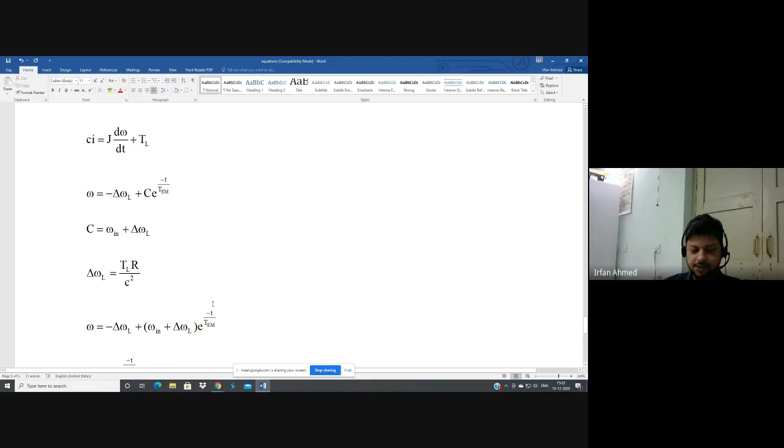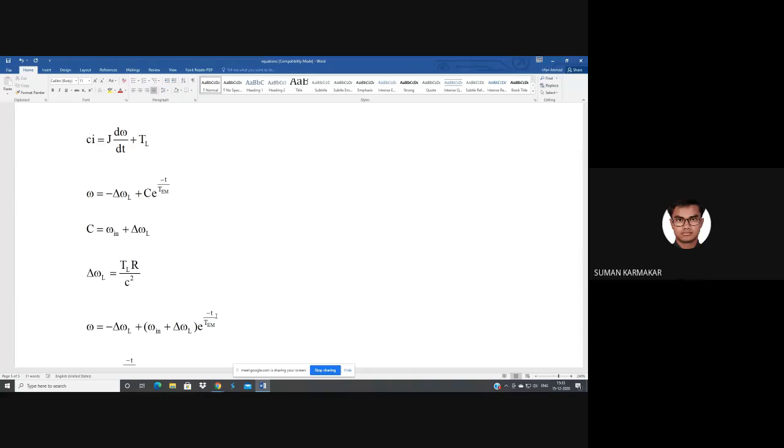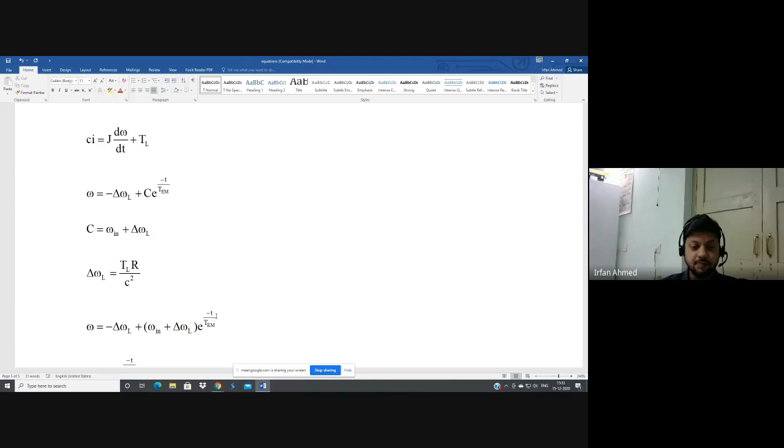Now what do we get from this? At t is equal to 0, how much is the motor speed? Omega n. Correct. At t is equal to 0, speed is equal to omega n, that is the initial speed. How much is the initial speed?